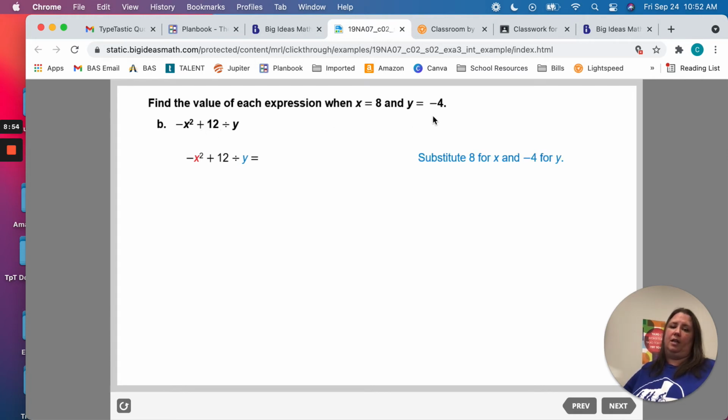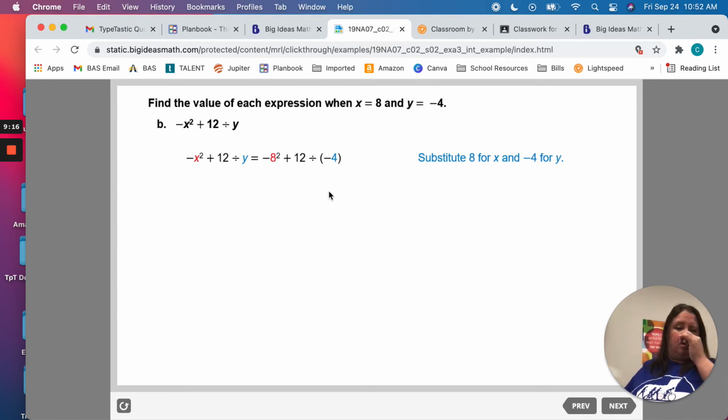Negative 4. Very good. Negative 8 squared plus 12 divided by negative 4. Isn't the answer going to be negative? Let's find out. Okay, so I've plugged in my values for the variables. Now I have a problem I can solve.